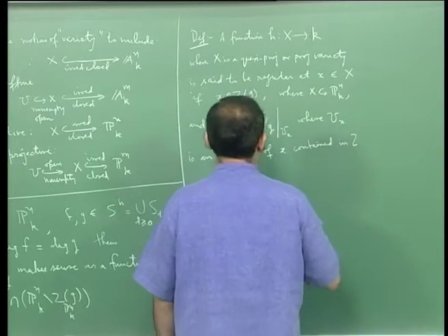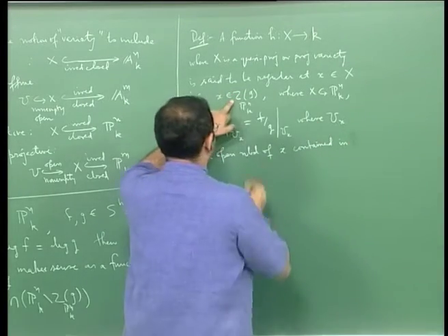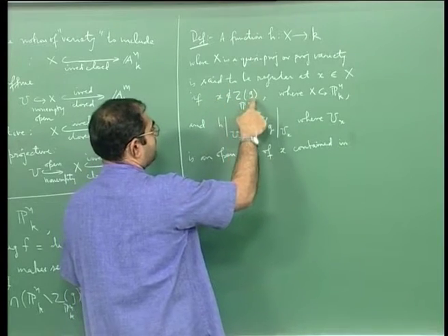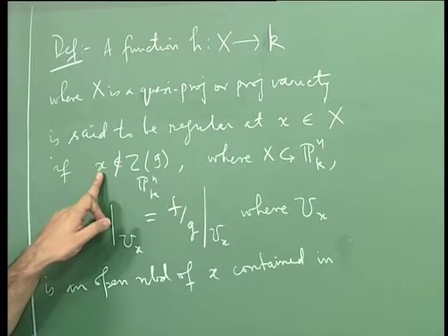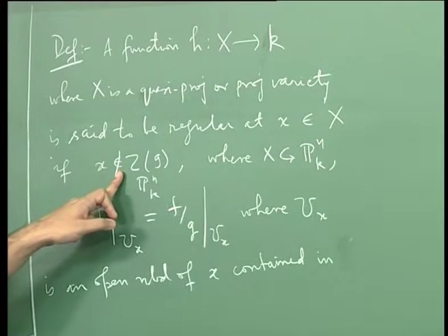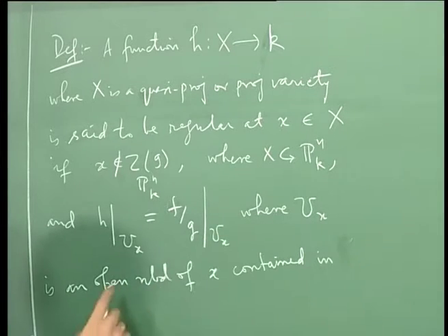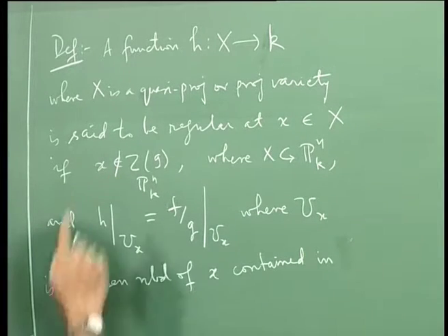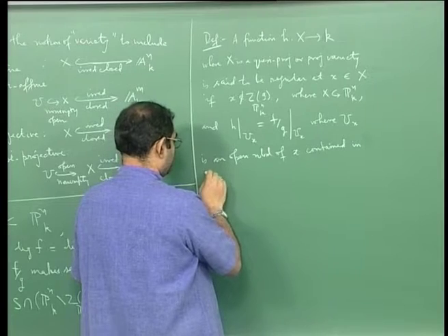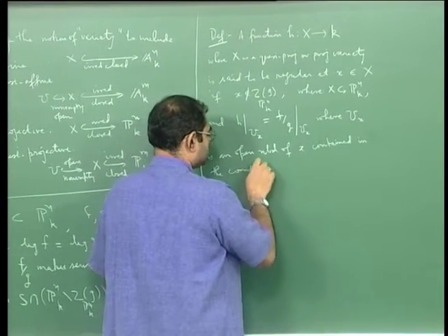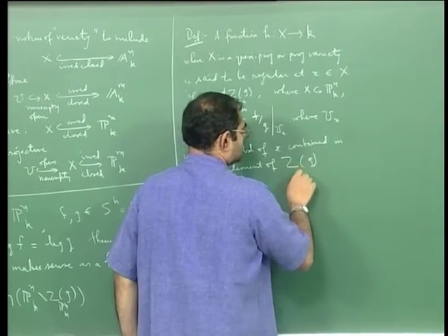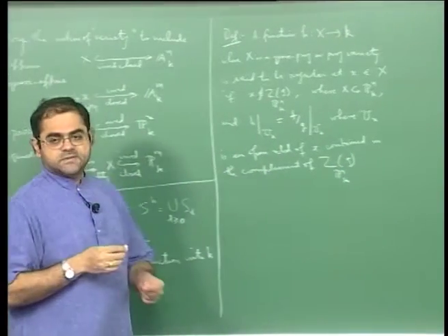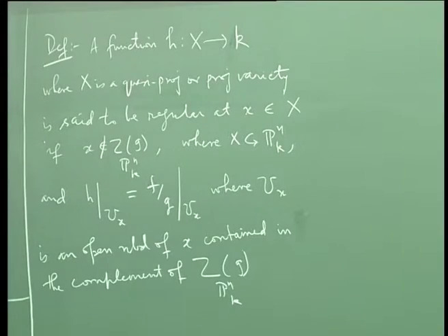Oops, x should not be in Z of g. In fact I want to divide by g and evaluate it at x, so g should not vanish at x, so this has to be corrected. x should not be in the zero set of g, and this neighborhood should be contained in the complement of this zero set of g. So this is the definition of what a regular function at a point means.